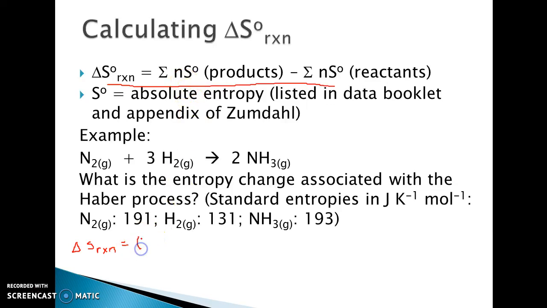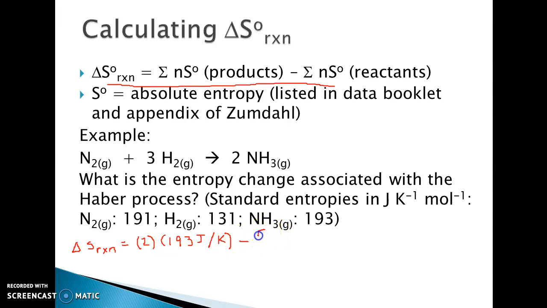So for the products in this case, there are 2 moles of ammonia, and the ammonia has an entropy of 193 joules per Kelvin. I'm omitting the mole here because I've multiplied it by the number of moles in the equation, so that would cancel. So that's all of my products.